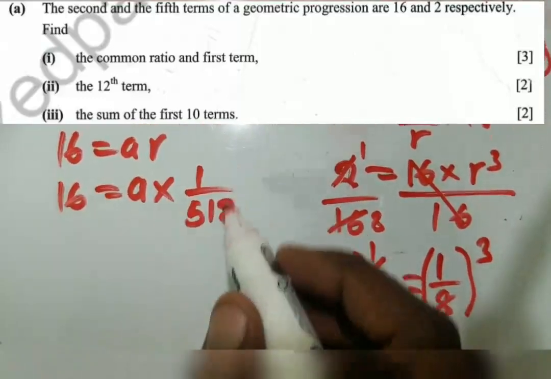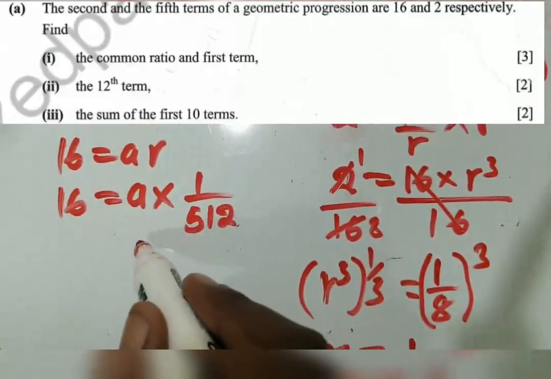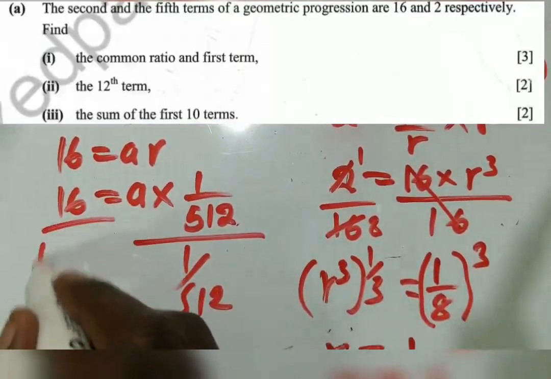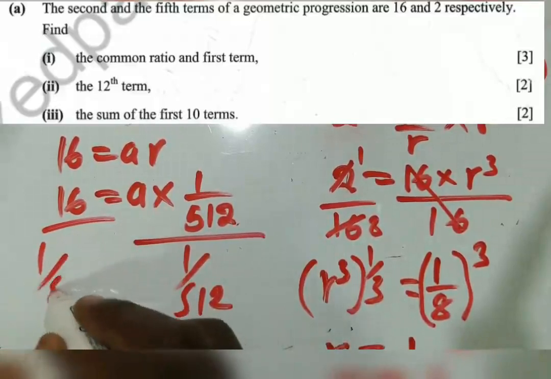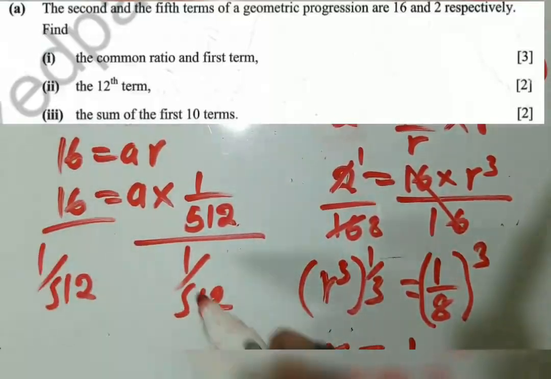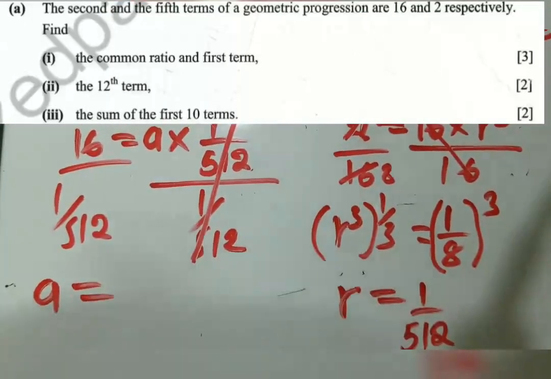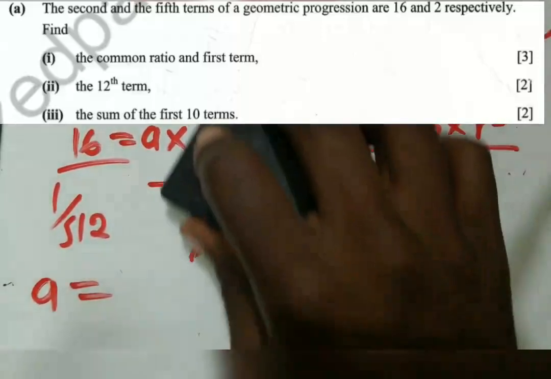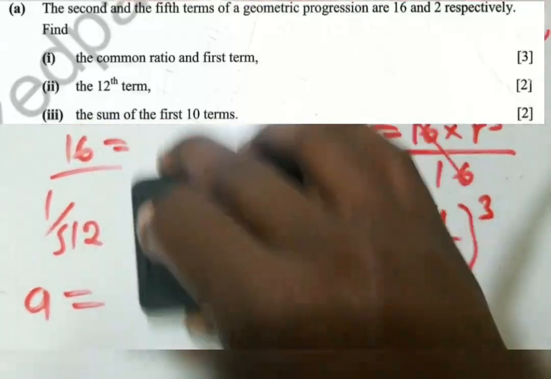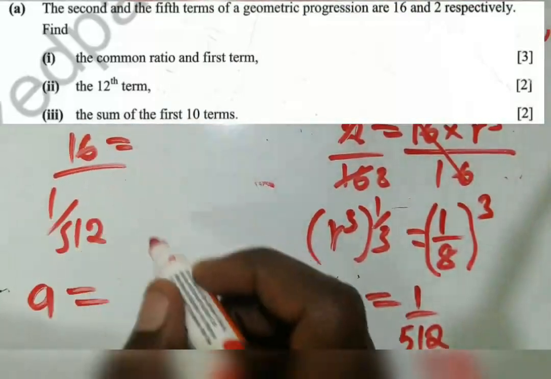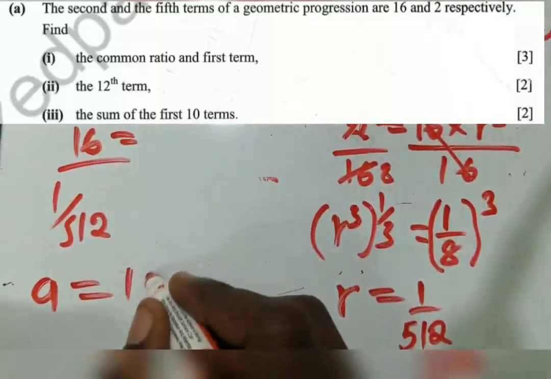So we are going to divide both sides by 1 over 512, in order to remain with A. So A is equal to this part, which is 16.